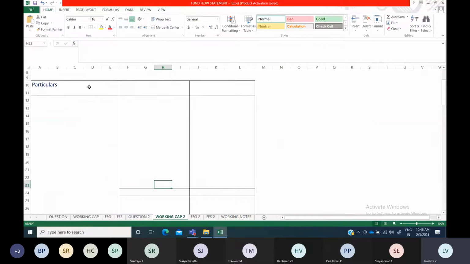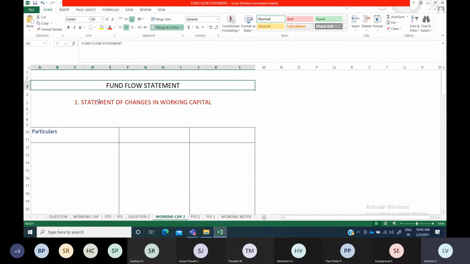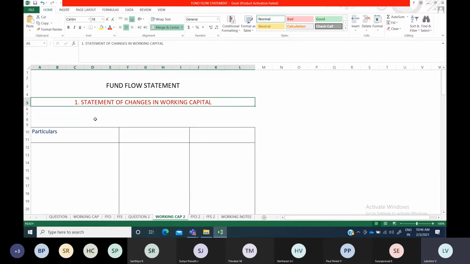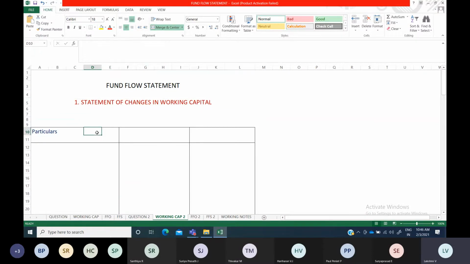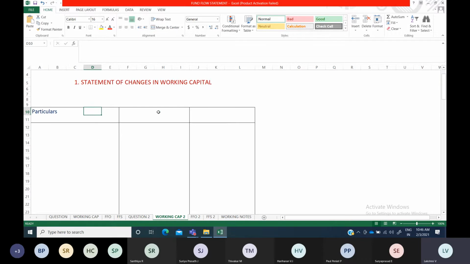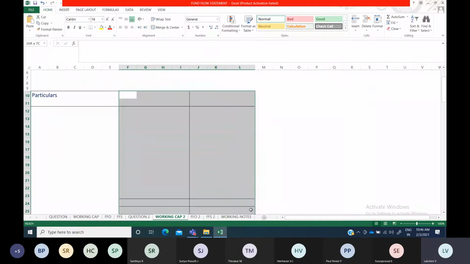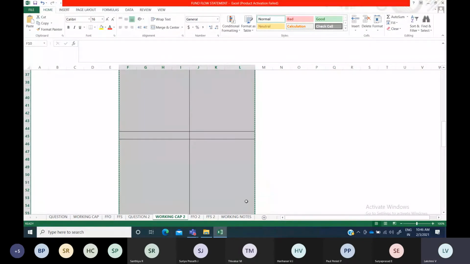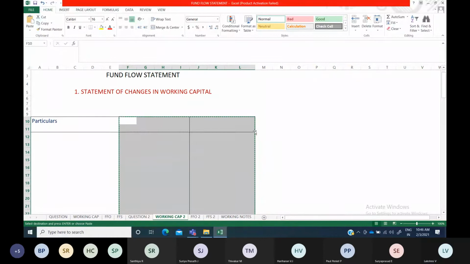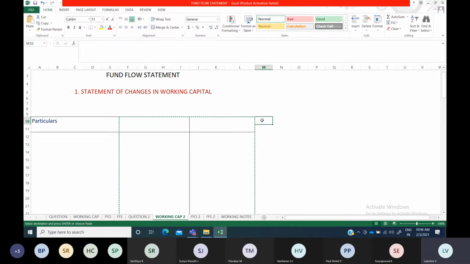As you know, under the fund flow statement, the first step will be your statement of changes in working capital, or schedule of changes in working capital. The first column will be your particulars column, then your amount column with two years of data. Apart from that, you will have one more column, the increase or decrease column.